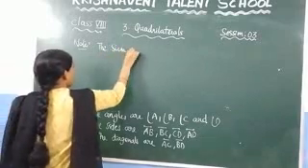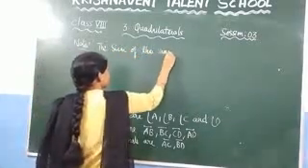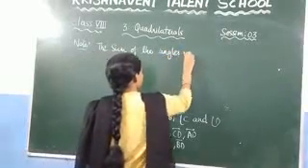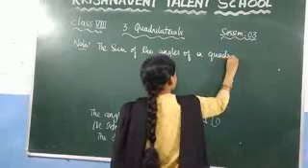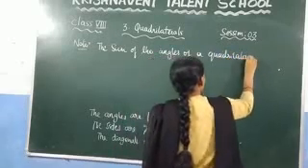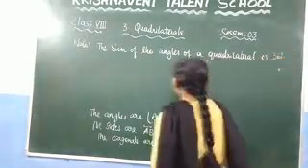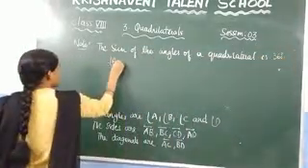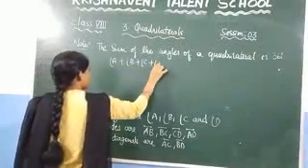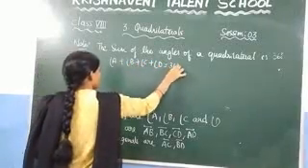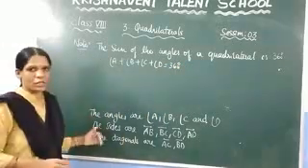The sum of the angles of a quadrilateral is 360 degrees. That is, angle A plus angle B plus angle C plus angle D is always equal to 360 degrees.